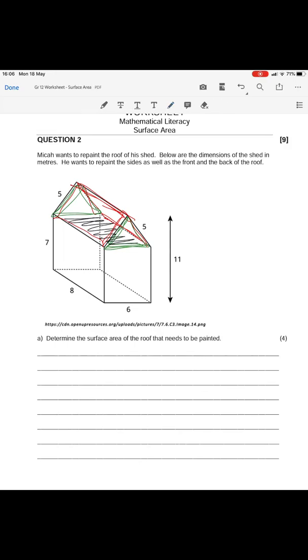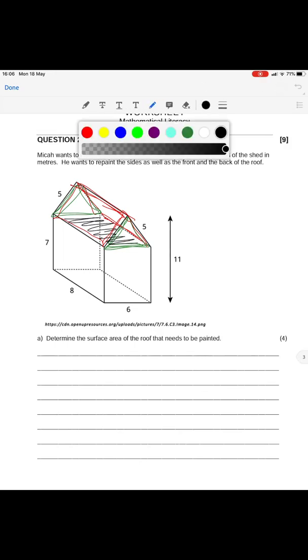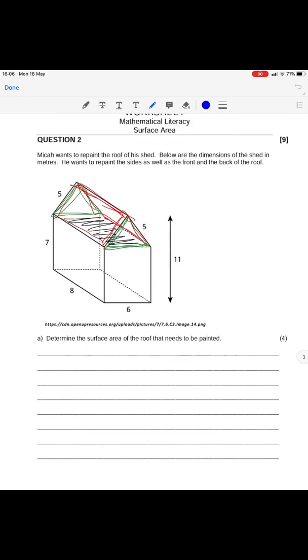You could look at using your formula for a triangular prism, which we know is given to us as the surface area of a triangular prism is B breadth times height plus 2 length times side plus length times breadth.